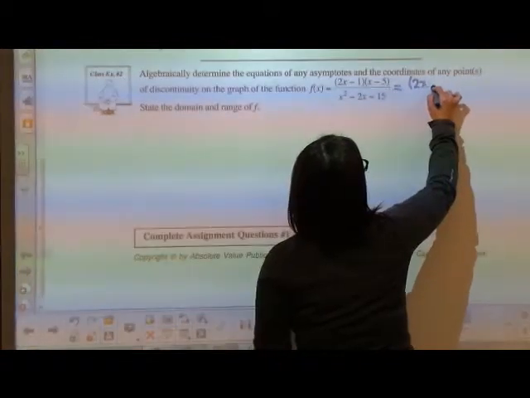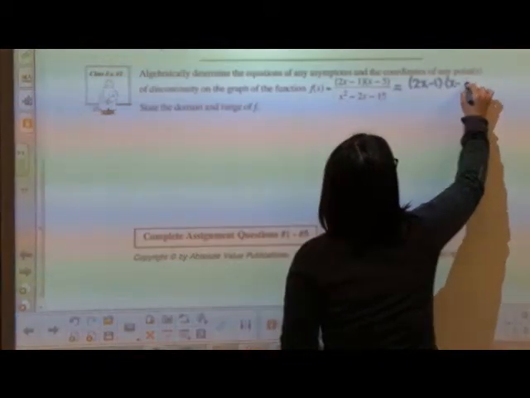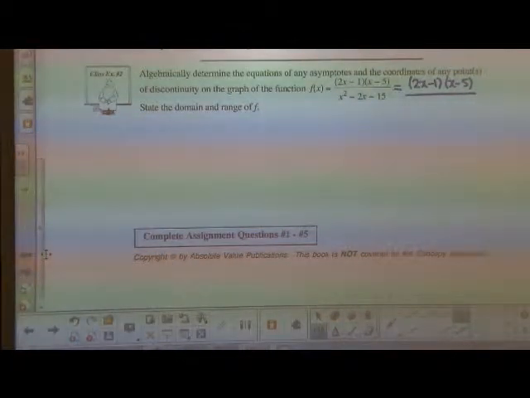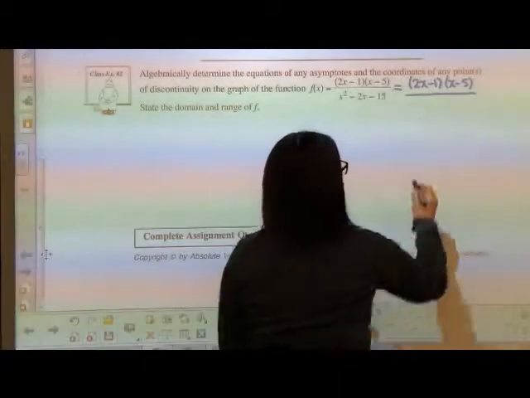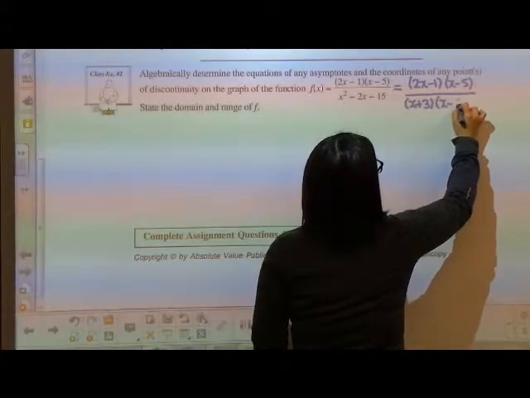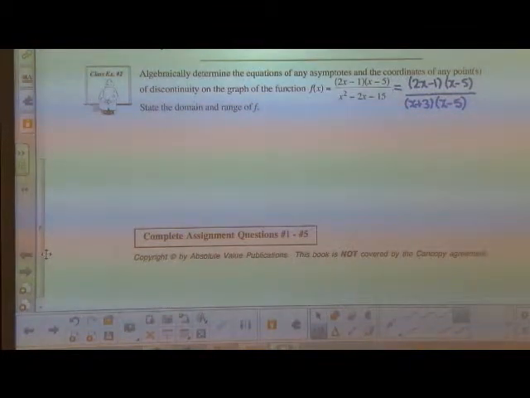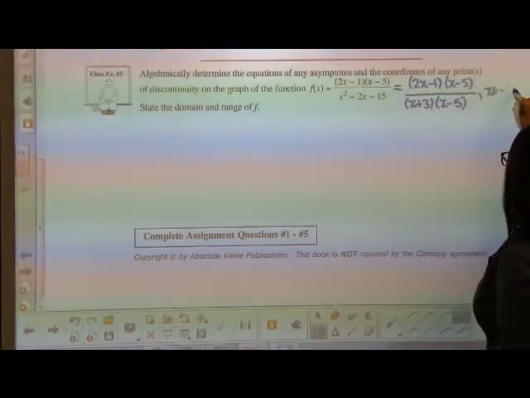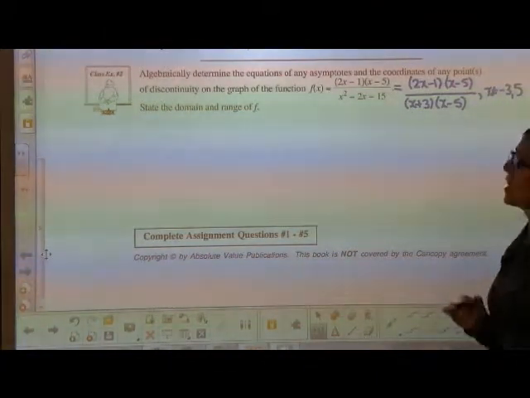So when I go to factor the denominator, two numbers that multiply to negative 15 and add to negative 2 would be negative 5 and positive 3. So negative 5 and positive 3 now give me non-permissible values. x cannot be equal to negative 3 and positive 5.